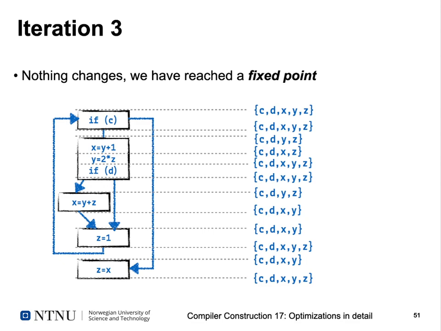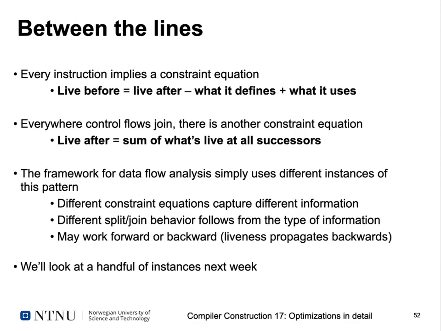which you can then base further analysis and optimizations on. So what we're doing here is essentially, by defining program points, reading between the lines of our program, and we know every instruction that is part of our program implies a constraint equation. So as we've seen before, the set of variables that's live before an instruction is equal to the set of variables that's live after the instruction, without the variables defined in the instruction.